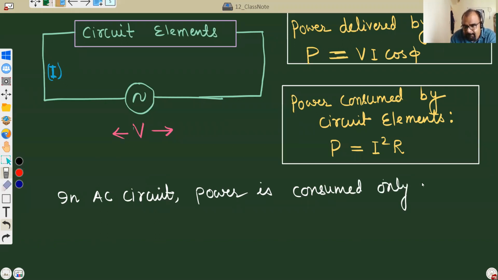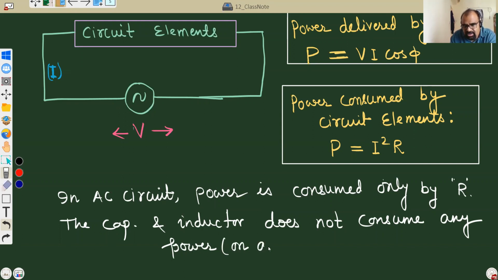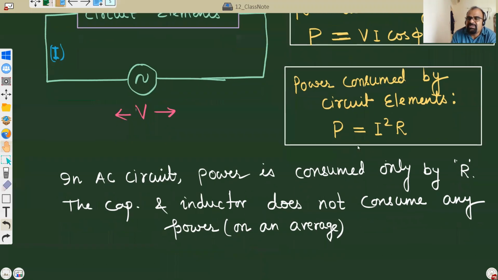The capacitor and inductor do not consume any power on an average, even though instantaneously they may consume power. So that is why the power consumed is simply I square R.